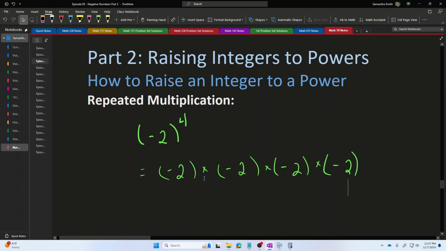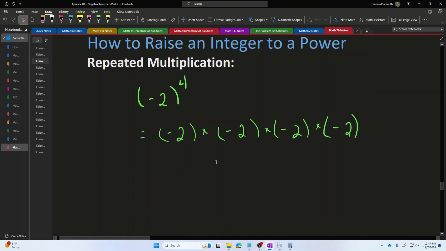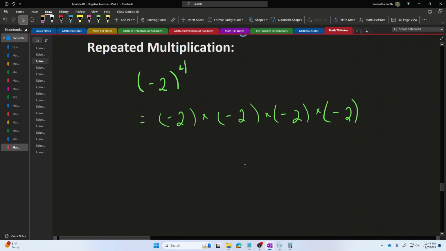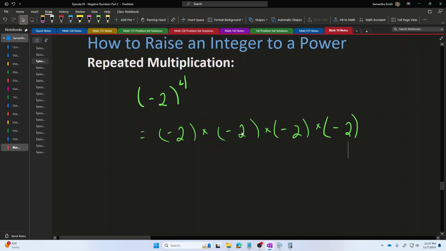And we have just finished talking about how we multiply together multiple copies of negative numbers. First of all, we count the number of minus signs. And here, because we have an exponent of 4, we have 1, 2, 3, 4 negative signs in our product. And 4 is an even number, so our final answer will be positive.